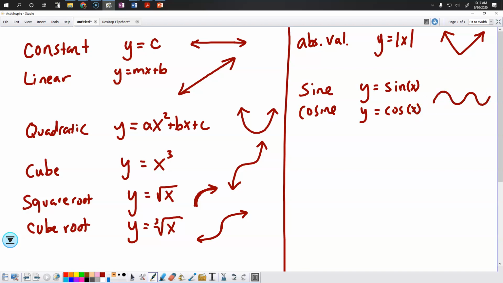The only difference is where the wave starts and stops is a little bit different, but they both look like waves. Whereas tangent and cotangent functions, tangent looks a heck of a lot like a cubic function, honestly. Cotangent looks the same, but it's backwards.